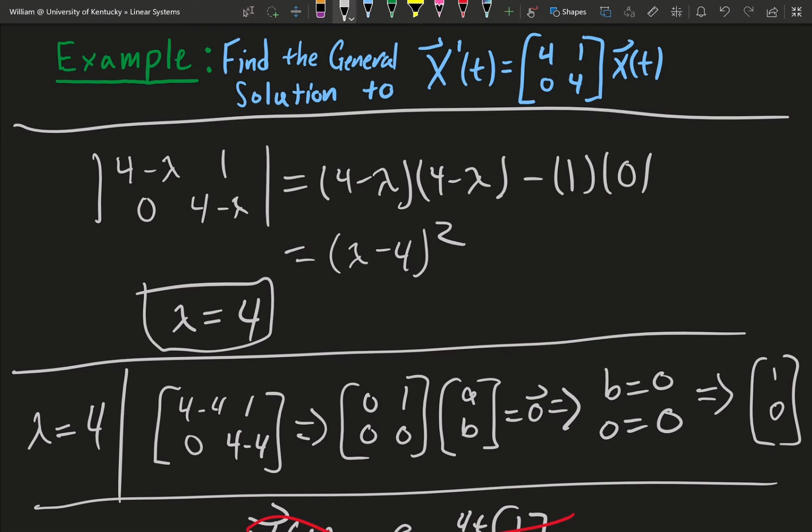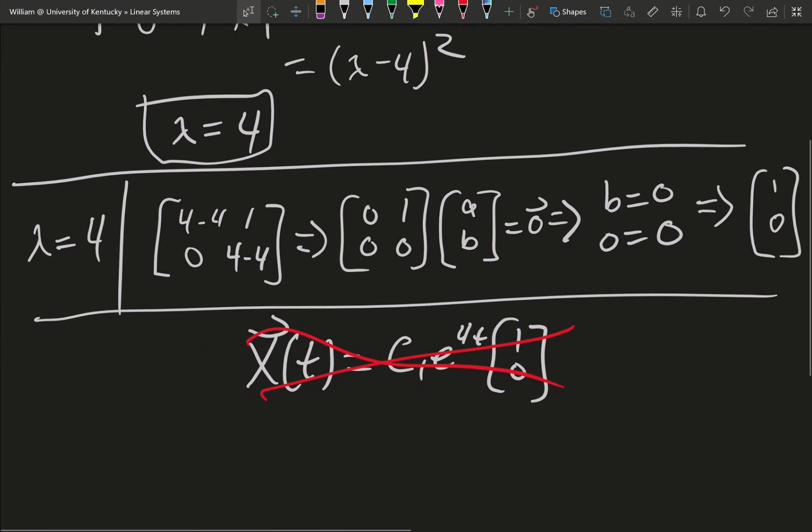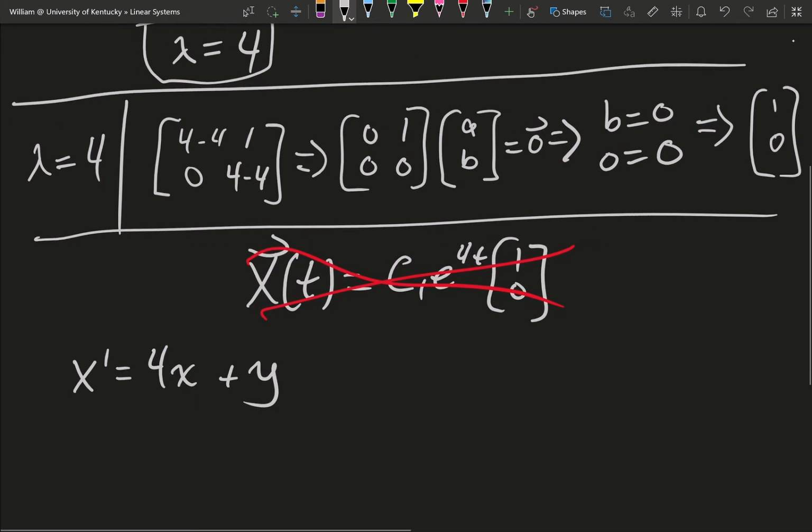If we note, this system of equations is actually pretty simple. So let's try to write it as a normal system of equations and see if we can solve it in another way. So x prime equals 4x plus y, and y prime equals 0x plus 4y.